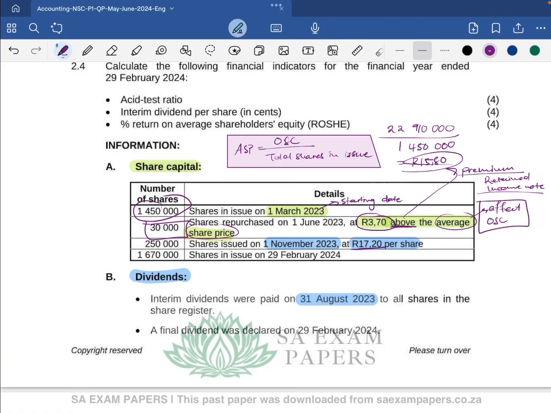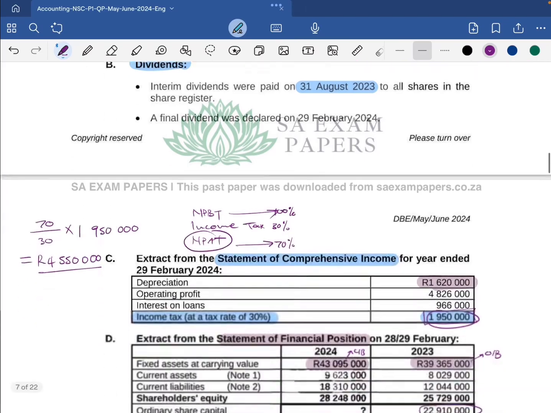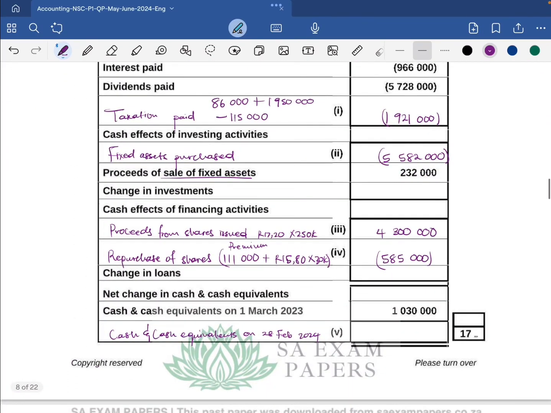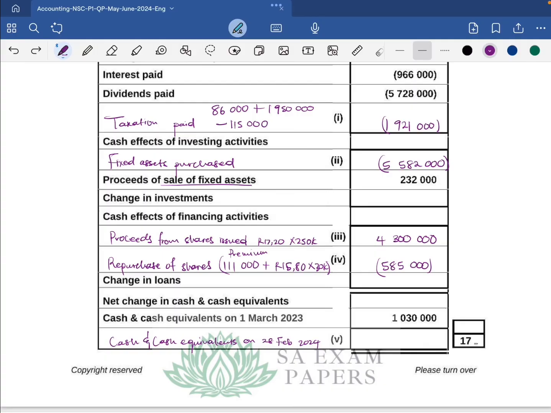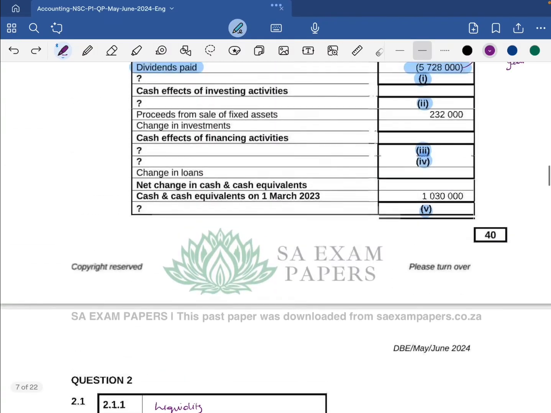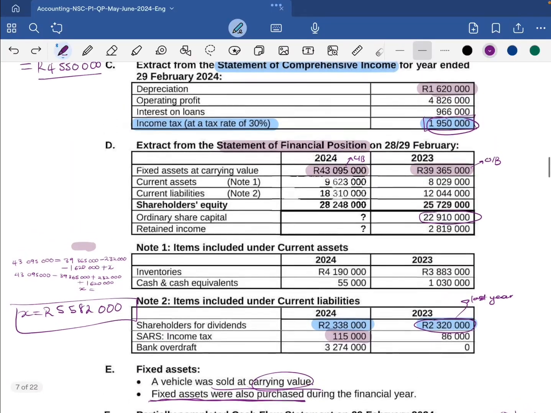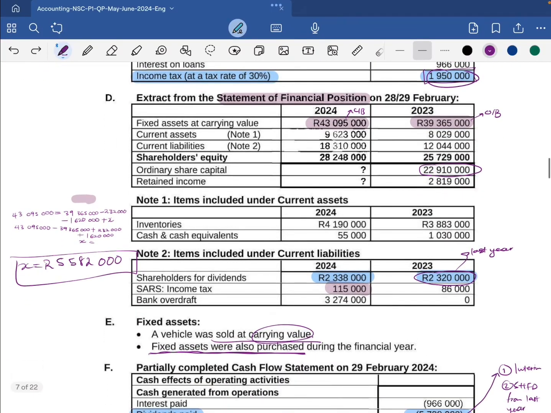Okay, and then now we are going to have a look at the next line item, which is our cash and cash equivalents. So for our cash and cash equivalents on the 28th of Feb 2024, when we go to our statement of financial position, we can see that we have had cash and cash equivalents of 55,000 at the end of the year. But also when we turn our attention to the current liabilities, we can see that we have had a bank overdraft of 3,274,000.